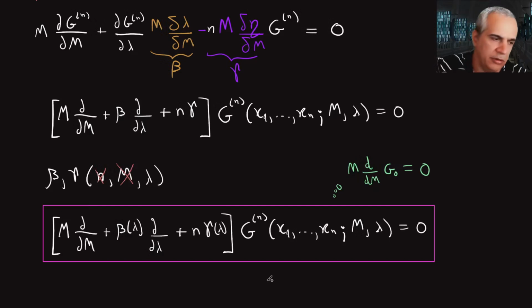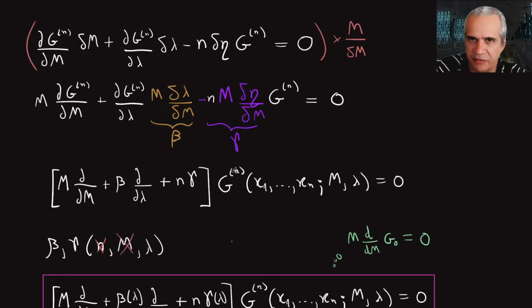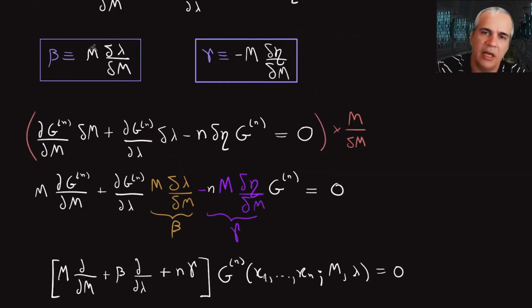And now you will see that you can actually see in the definitions of these guys that beta is encapsulating really the running of the coupling constant. You see what appears here is really how the coupling constant changes when I change the renormalization scale, and gamma is encoding the change in the field.